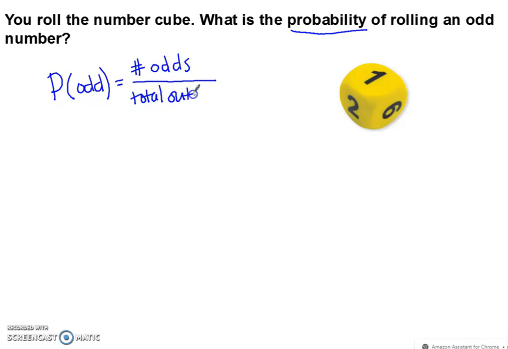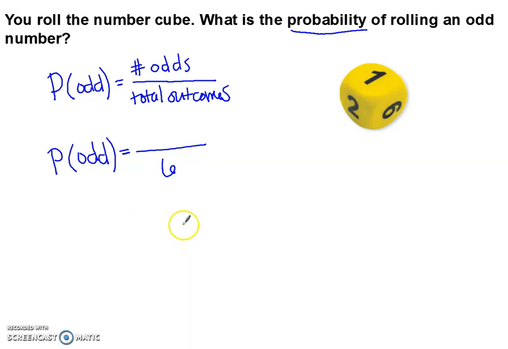So how many sides are on this cube? How many outcomes are there? Well, you could roll a 1, a 2, a 3, a 4, a 5, or a 6. So there's 6 outcomes.